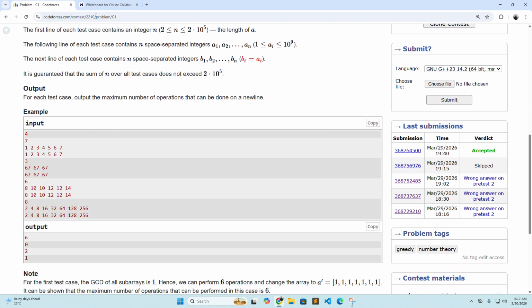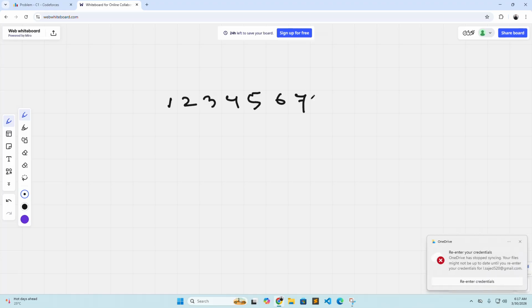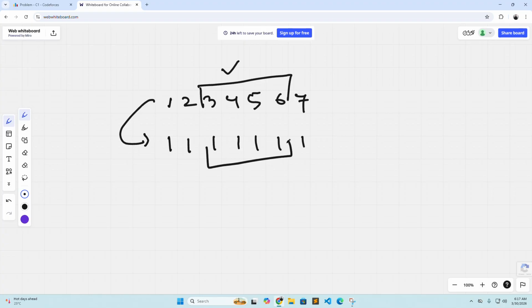Okay, let's discuss with an example. The example is 1 2 3 4 5 6 7. If we transform this array to 1 1 1 1 1 1 1, then if you choose any subarray, the GCD of this and the GCD of this will be the same.